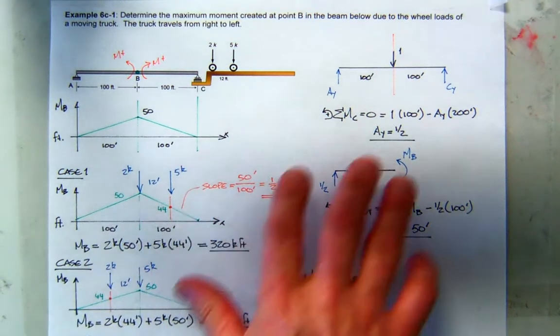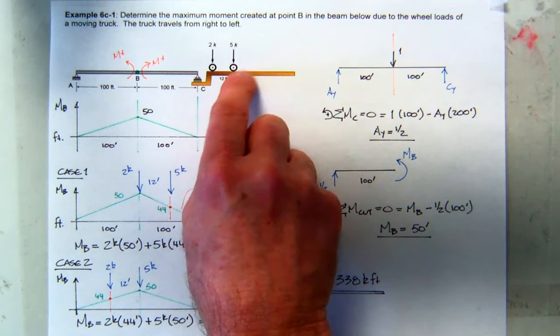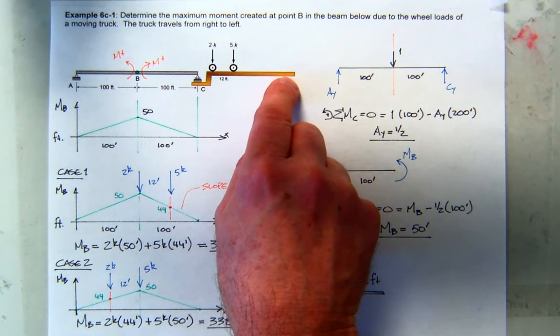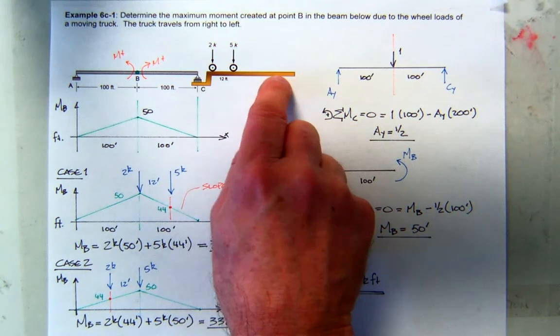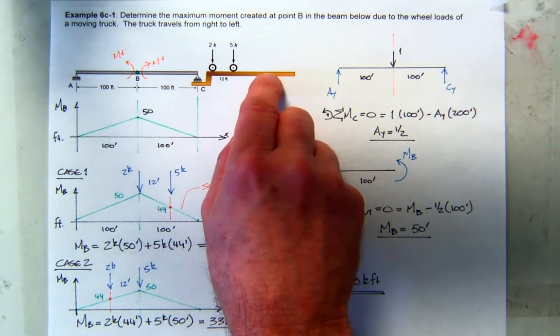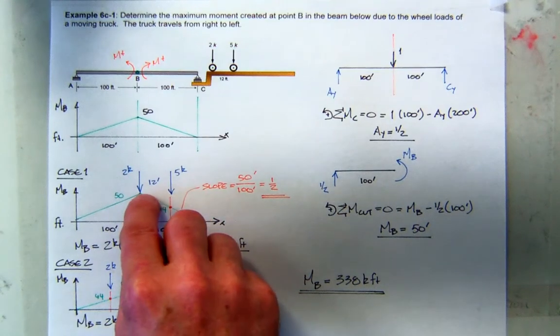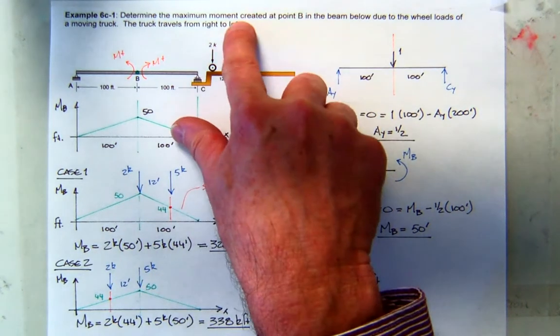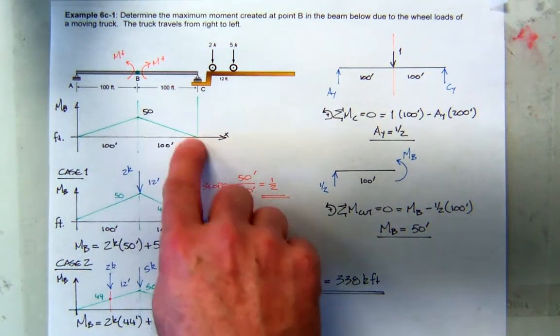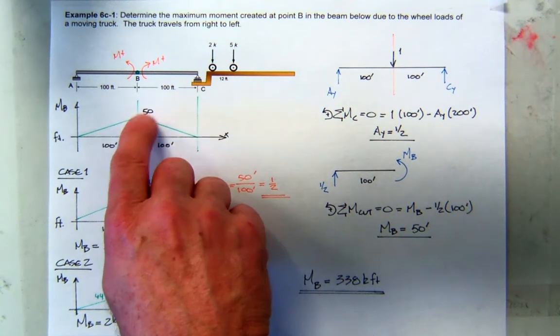So just a little recap. For every force in your sequence, you'll have a case. And the objective is to let each force in turn go to the point on the influence line that creates the maximum influence. In this case, it's moment at B. And you see in this diagram, it's pretty simple. There's only one spot.